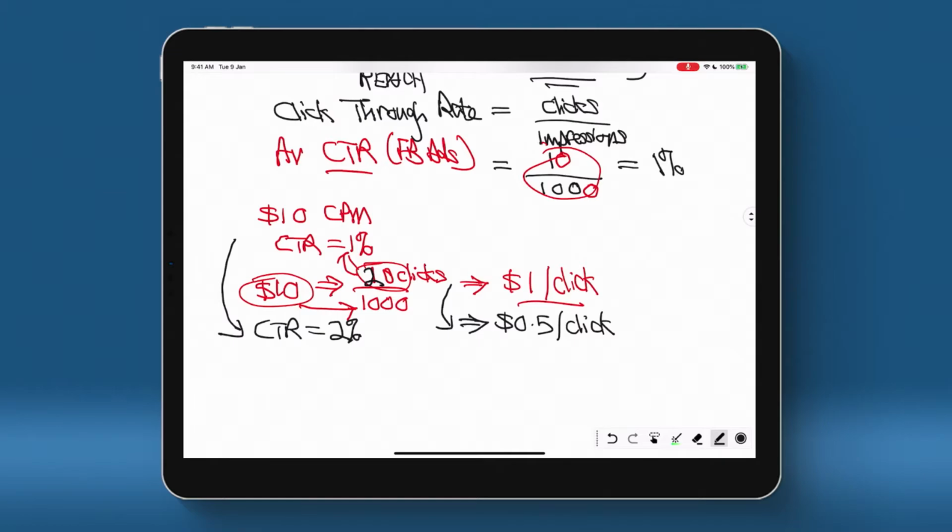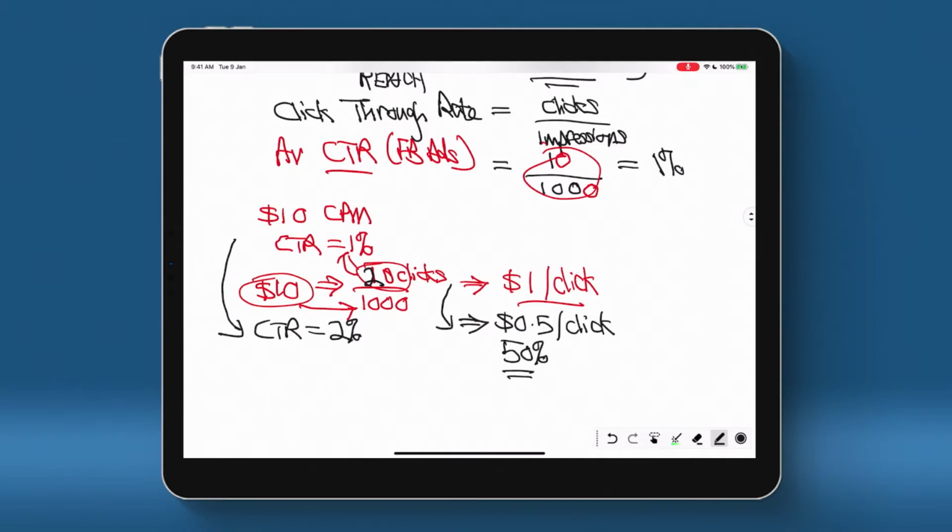Okay, so each click is costing you 50% less, and the answer would be reduce cost per click by 50%. Because instead of paying $1, you're now paying 50 cents per click, and therefore a cost reduction on CPC by 50%.